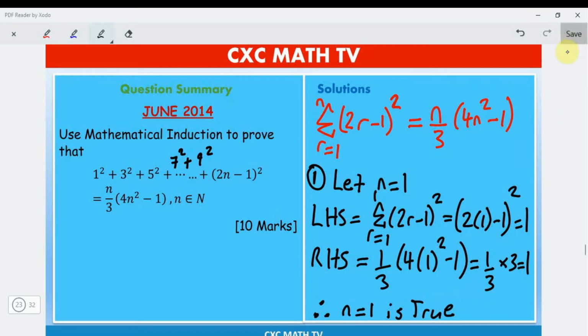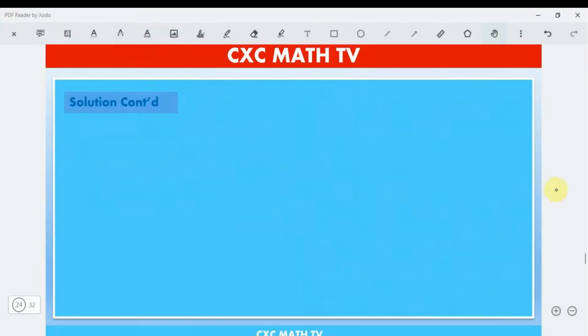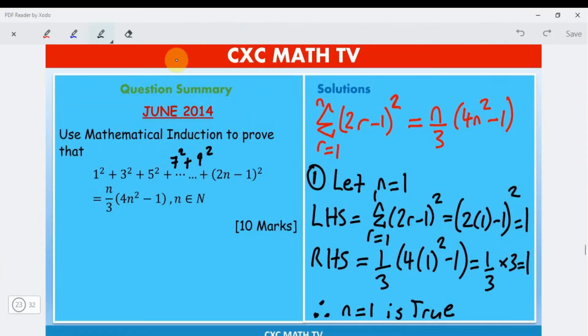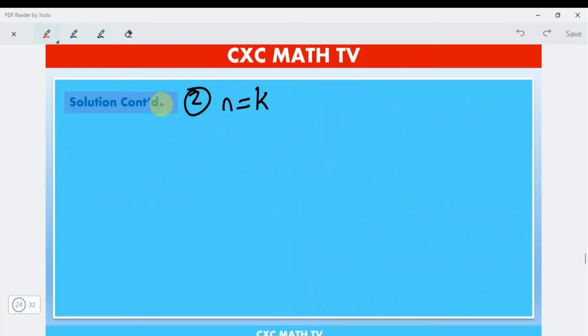Now that we've gathered that n equal 1 is true, now step 2. Step 2 is for n equal to k. For n equal to k, what we're going to have is the sum from r equal 1 to k, because we replace n with k, of (2r minus 1) all squared.